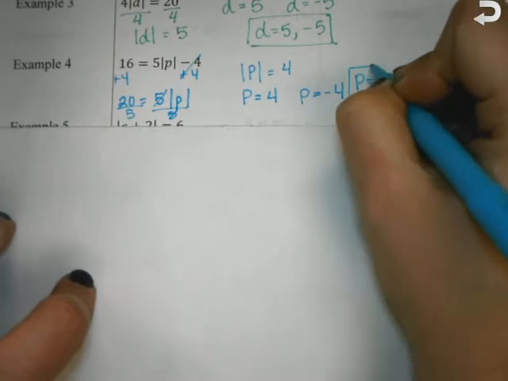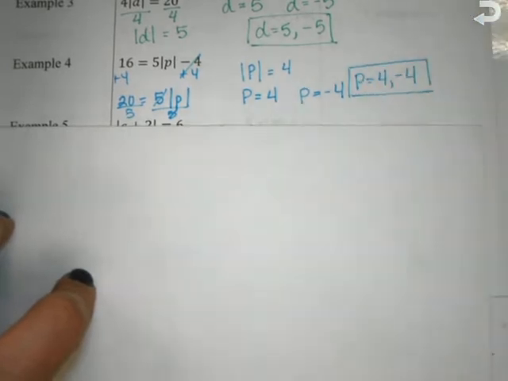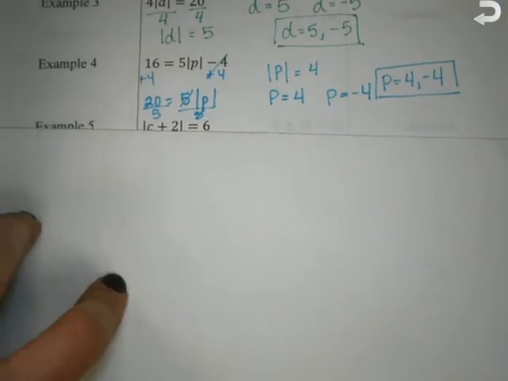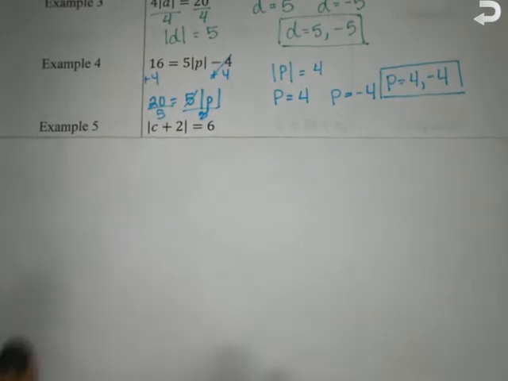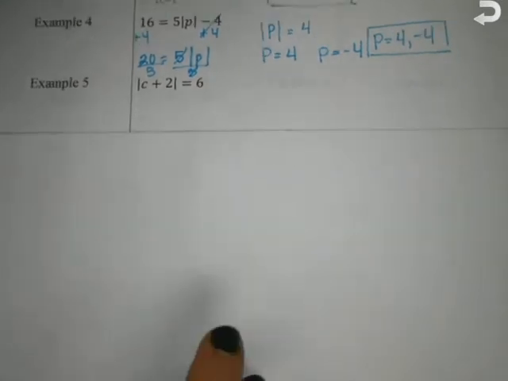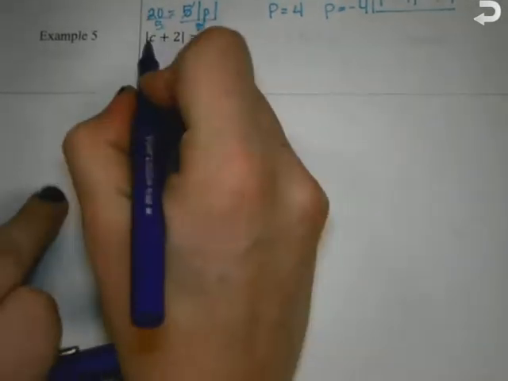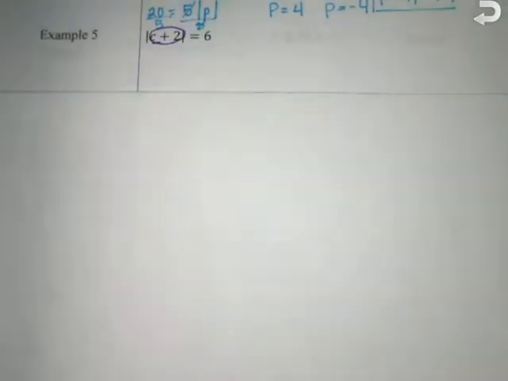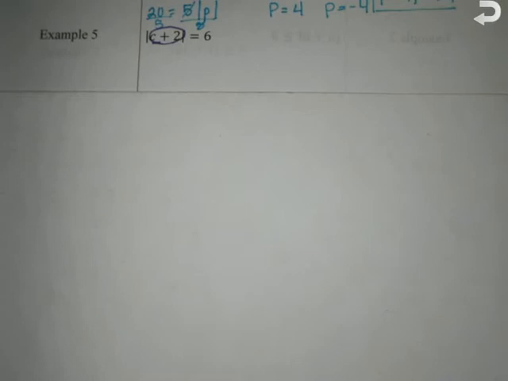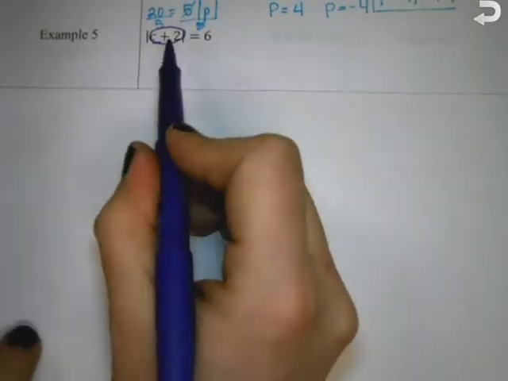Okay, so what about something like example 5? First question I need to ask myself, is the absolute value by itself? Yeah. It is, right? Just because there's stuff inside, that doesn't mean the absolute value is not by itself, right? We don't want anything being added, subtracted, multiplied, or divided by the whole absolute value. So the absolute value is by itself. So we can take the inside, c plus 2, and set it equal to positive 6 and negative 6.